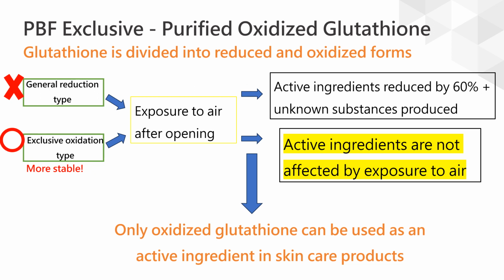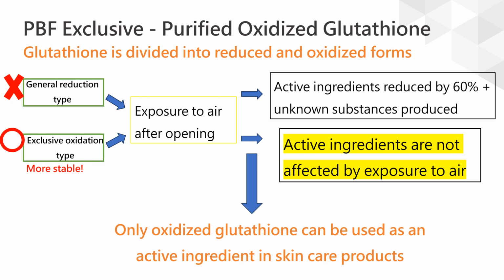As you can see, after its exposure to air, reduced glutathione may produce unknown substances and the active ingredients are reduced by 60%. Whereas our PBF exclusive oxidation type is more stable, as even after exposure to air upon opening, active ingredients will not be affected.